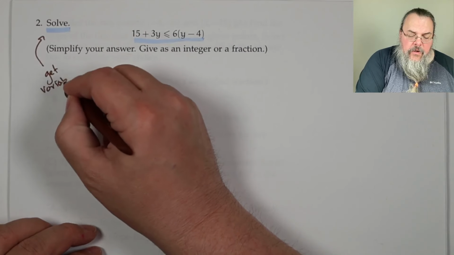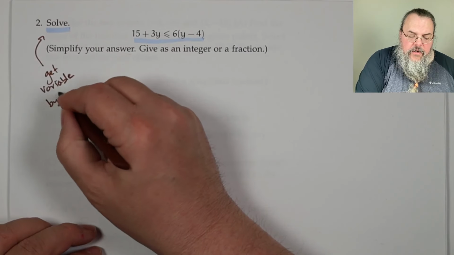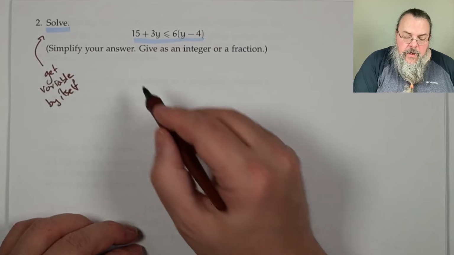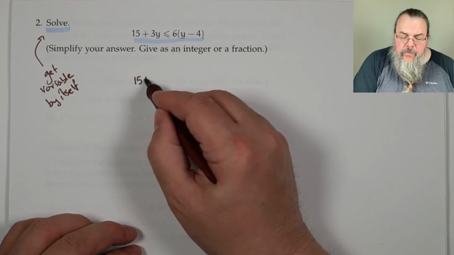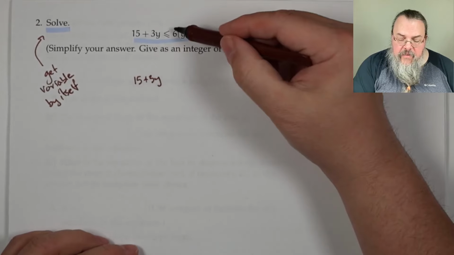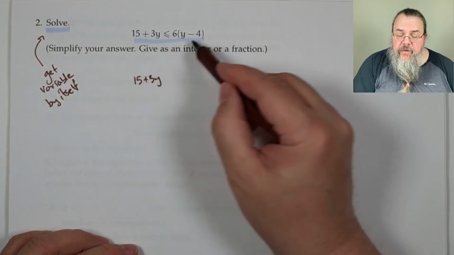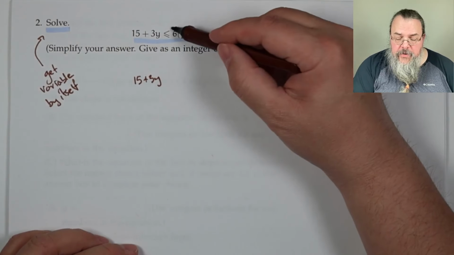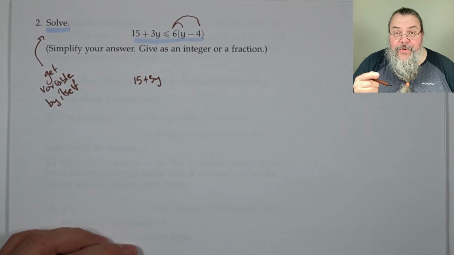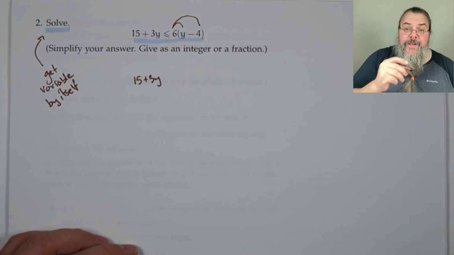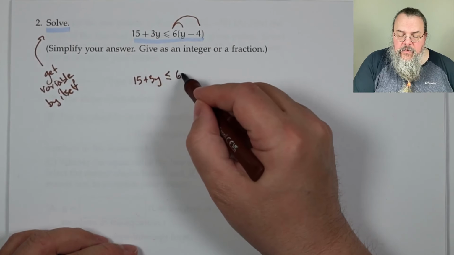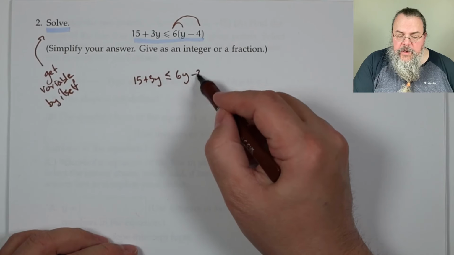All right, well, now that we understand our goal, we say, okay, what do we do? Well, let's start by doing expansion, right? Because I have this 6 times parenthesis y minus 4. So we're going to distribute the 6 through. And it distributes into both the terms, right? Not just the first term, into all the pieces. So that's less than or equal to 6y minus 24.